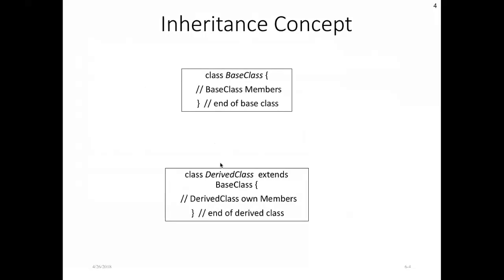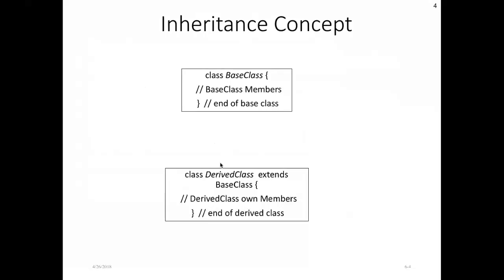Then the derived class will have its own members, as well as some of the members from its base class. This base class is called the parent class, and this derived class is also called the child class. So the base class is the top existing class, and this is a new class, called the derived class or child class.